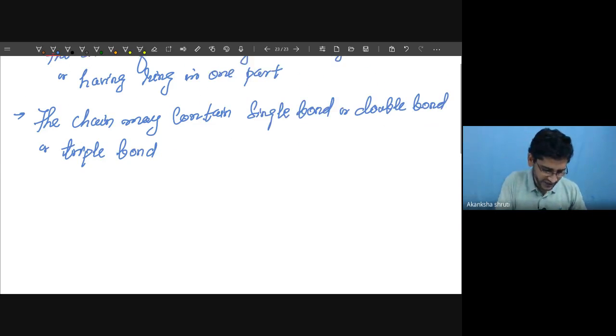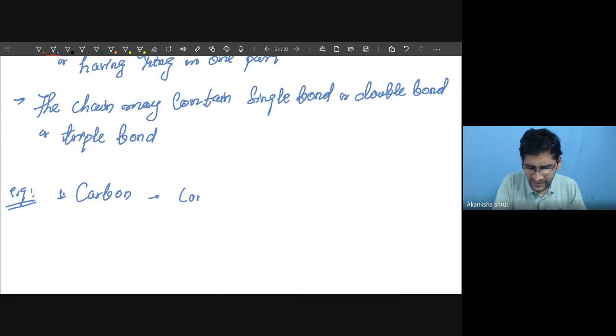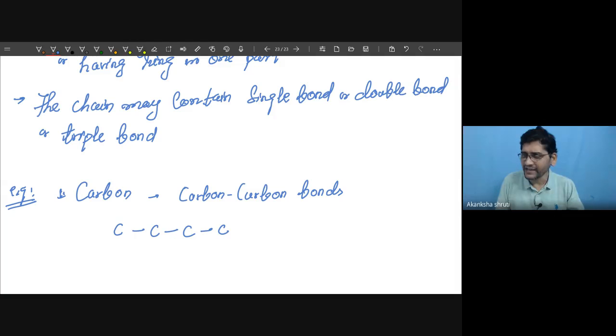Now let us take an example. It is the carbon which is able to form bonds, but not only the two carbon, means one carbon will attach with the other and the second with the third one, the third with the fourth one.